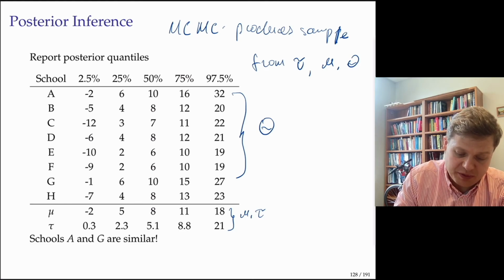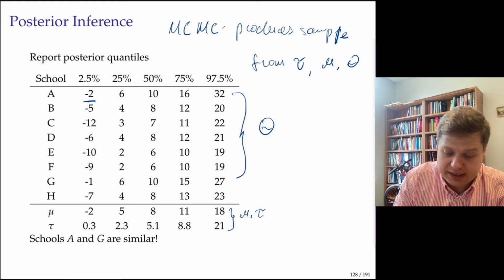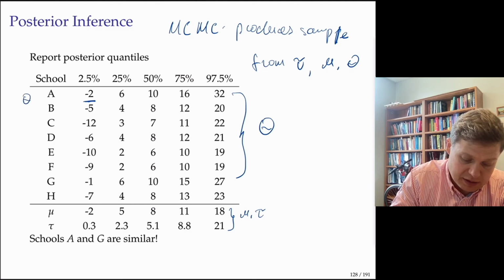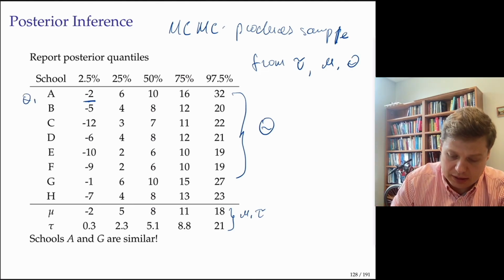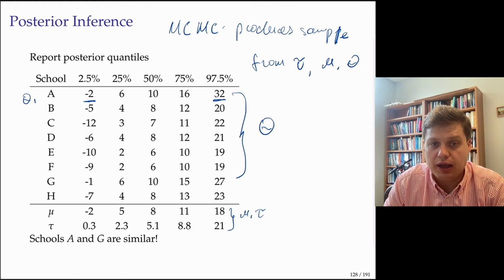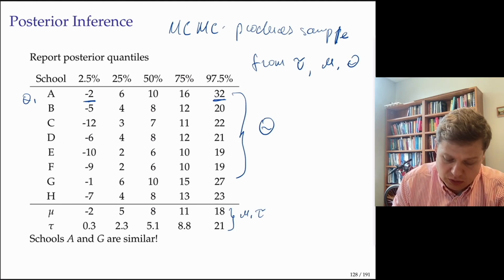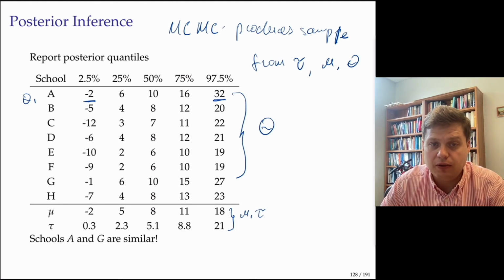So 2.5% of the samples of theta 1 are going to be below -2, and 97.5% of the observations are going to be below 32. And those are the quantiles at the bottom for mu and tau.